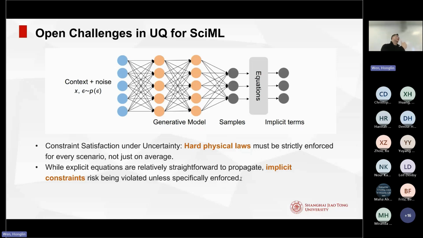For instance, in weather forecasting, you need to keep the physical laws in every ensemble forecast, every scenario. For explicit equations, it's relatively easy: you can just propagate the prediction with the equations. But sometimes we have implicit constraints and implicit variables, where maybe you need to solve an optimization or something. That makes this problem extremely tricky.